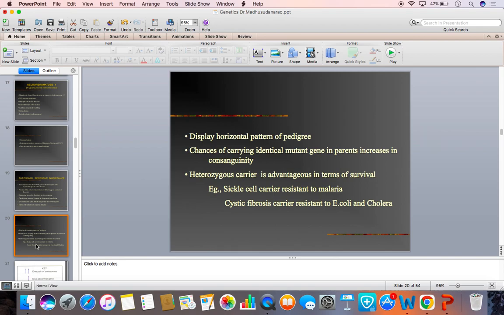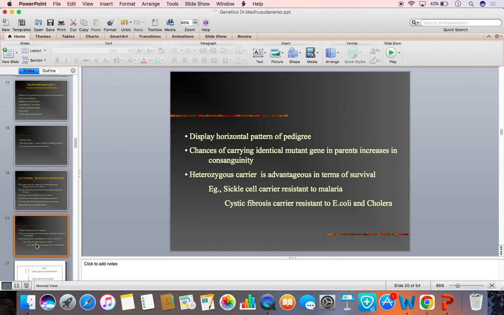complications of severe malaria. That means the individuals with carrier state of the autosomal recessive inheritance survive longer in the community because they are not affected by the complications of severe malaria.